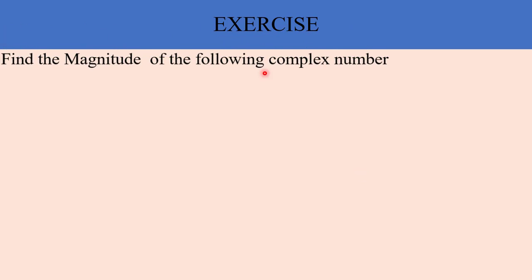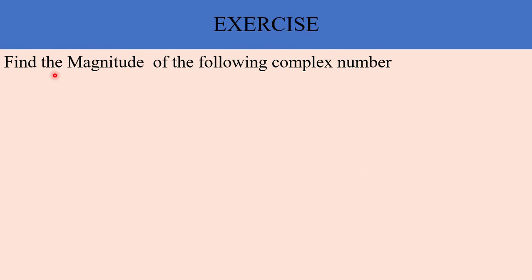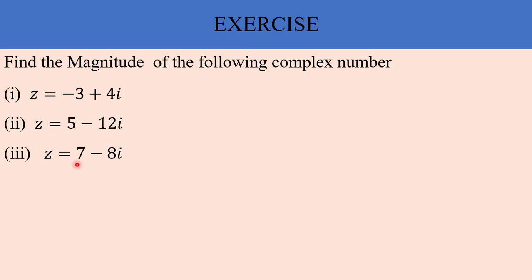We have some exercise which you can try at home. Find the magnitude of the following complex numbers. Number 1, z is equal to minus 3 plus 4i. Number 2, z is equal to minus 5 plus 12i. Number 3, z is equal to 7 minus 8i.